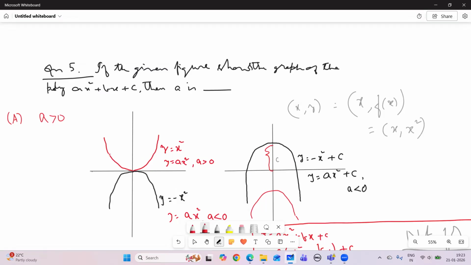Actually, for this graph, the center becomes x minus 0 whole square, the origin becomes the center, and for this graph, the center is some 0 comma 2 units. If the center is some 3 comma 2 units, then this graph will be something like this. This graph gets shifted. So the given graph is in this shape.